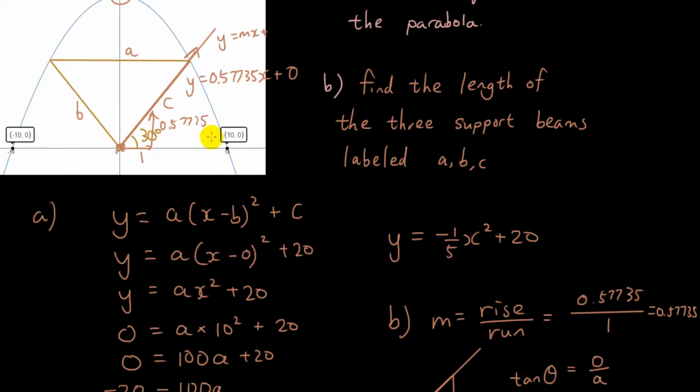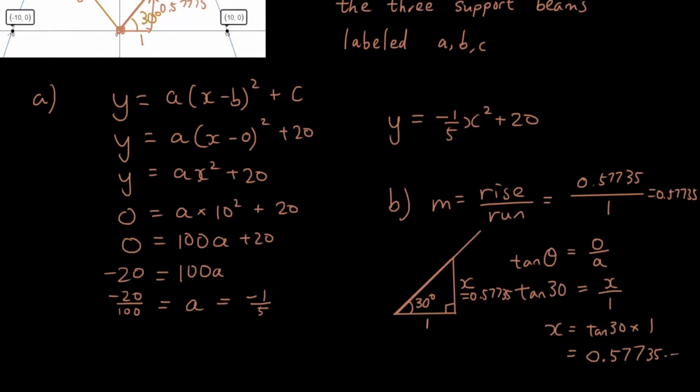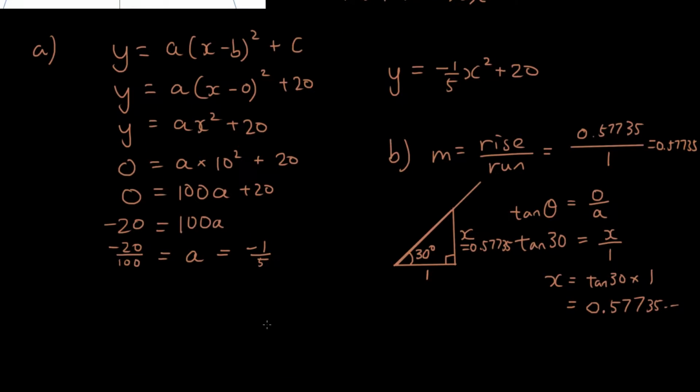Okay, now you can draw this on the graphics calculator if you like, but now that we have two lines, y equals negative 1 over 5 x squared plus 20, and y equals 0.57735x, we can work out the intersection of these two lines.